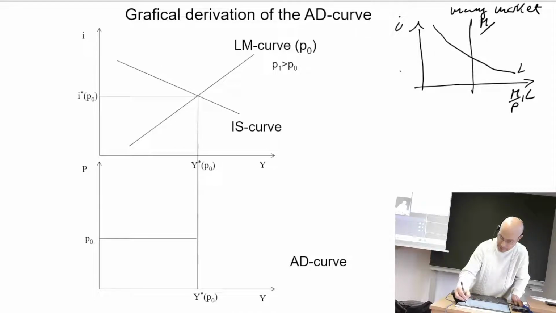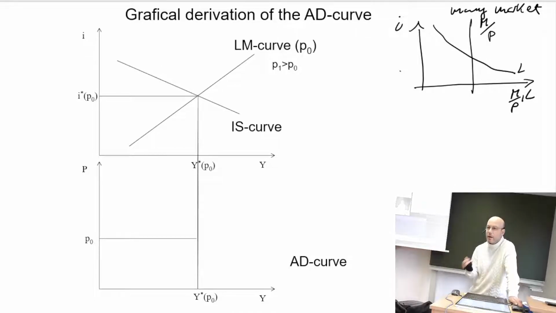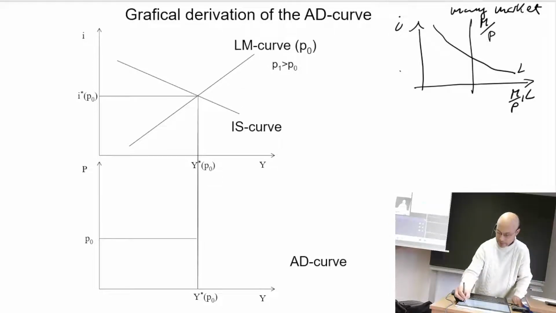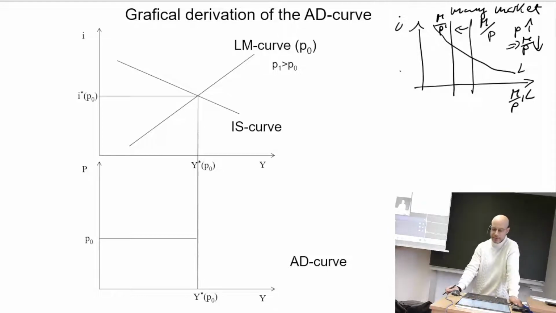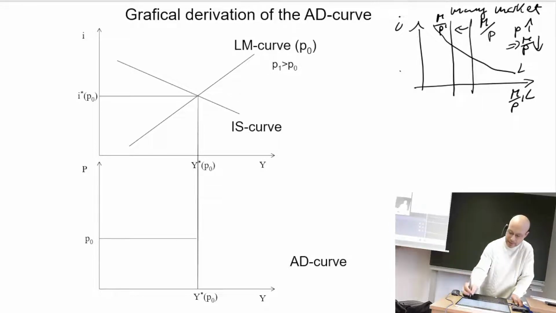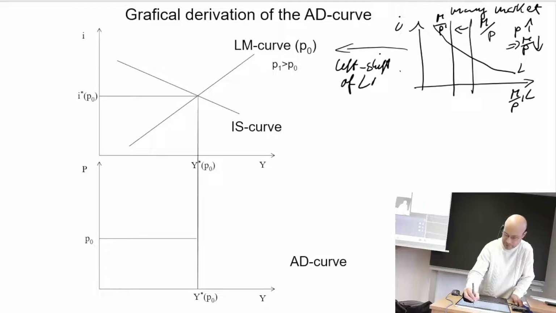And this was supply M over P. If now P is increasing, then M over P is decreasing, and this means we obtain here a shift to the left. If we have here this shift to the left, then this translates in a left shift of LM.